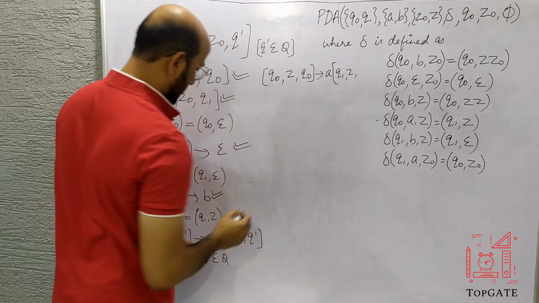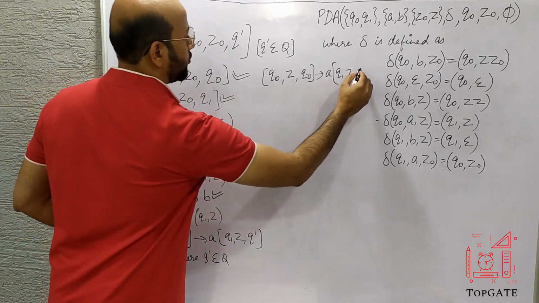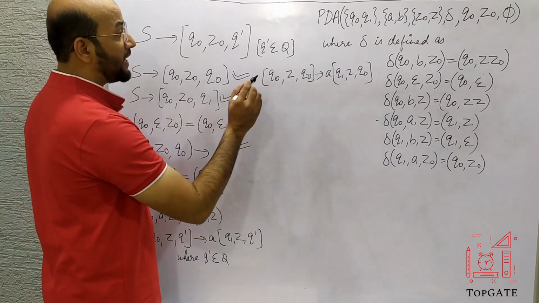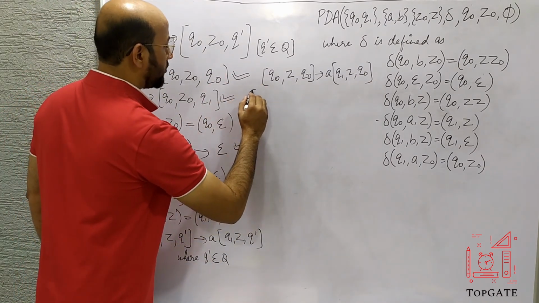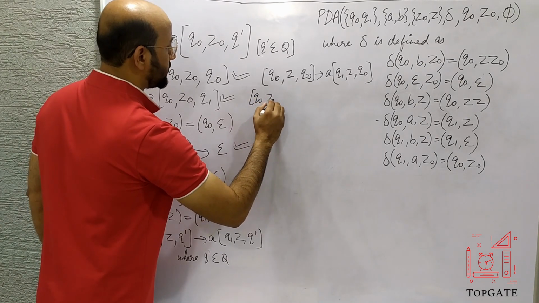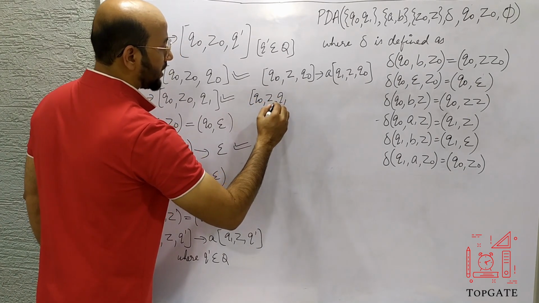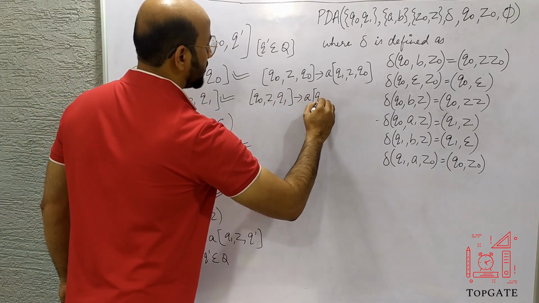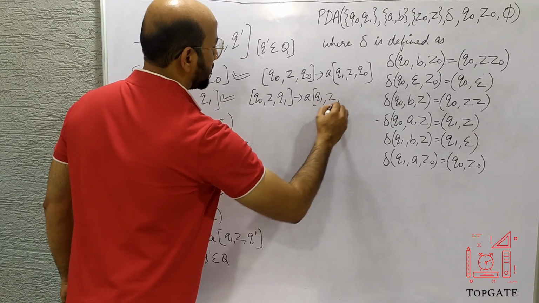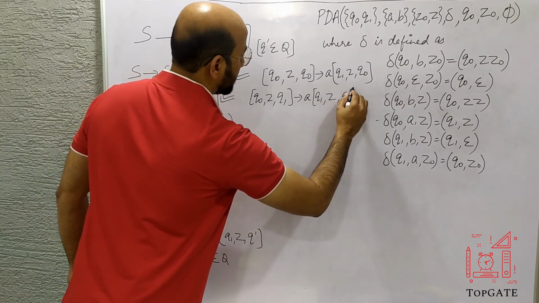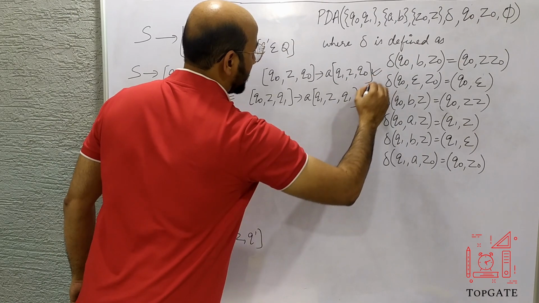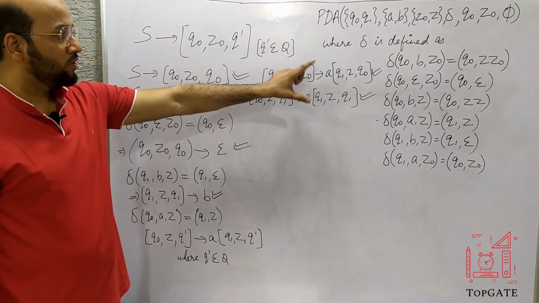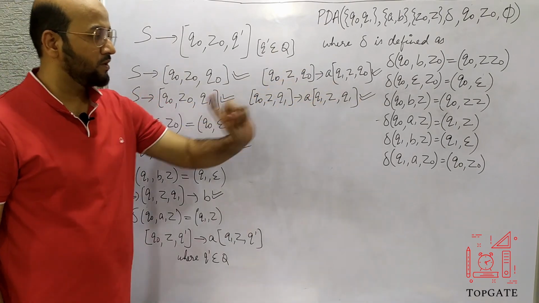This will be included in the final list. So we have got two production rules for the first bypass operation.